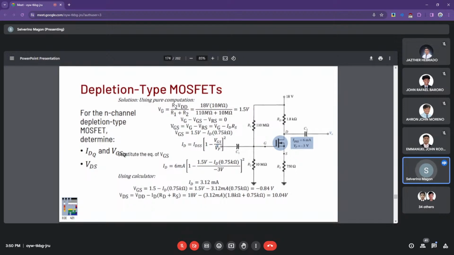So for the gate to source voltage, we can plug in the new value of drain current into this original equation and come up with the gate to source voltage here at negative 0.84 volts at this point.